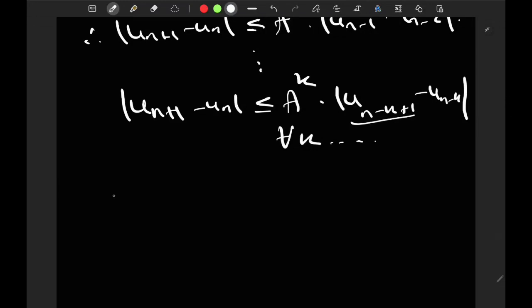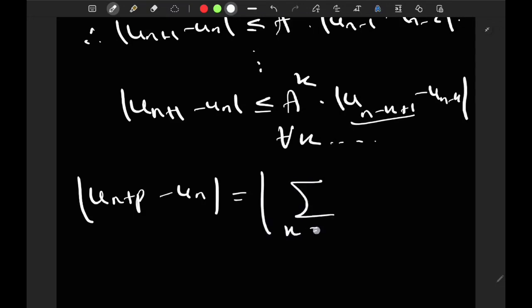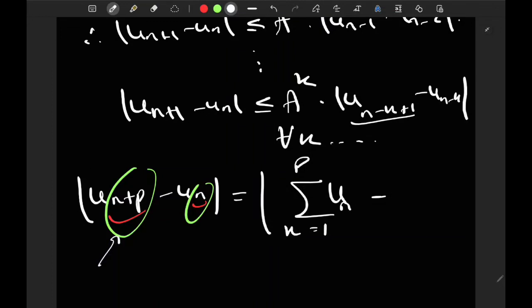Now, if I look at u_{n+p} minus u_n, let me do this as a telescoping sum. This is a very useful trick. So this is a sum from k equal 1 to p, where I want successive terms to lead eventually to u_{n+p} and u_n. The starting index is n and the ending index is n+p.